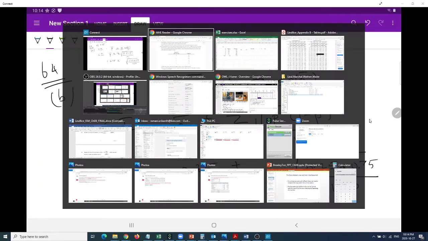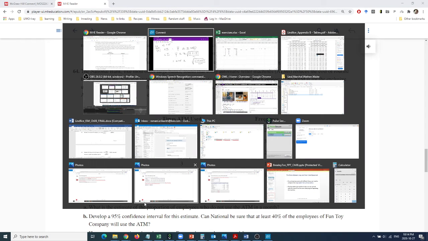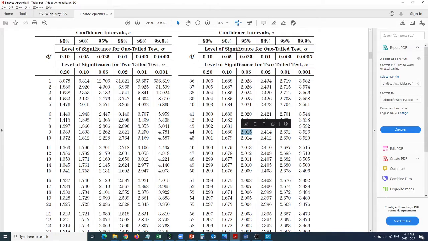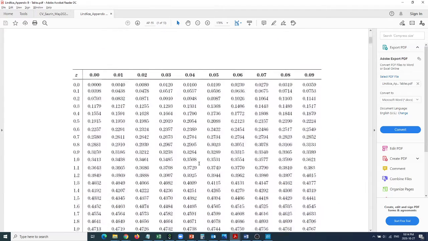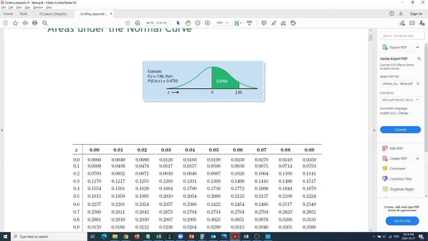We are being asked for the 95% confidence interval. If you want to find the 95% confidence interval, you go to your Z table. But the Z value gives you the area under the curve on one side. If you're being asked for the 95% confidence interval, you would need 2.5% on one side and 2.5% on the other side.